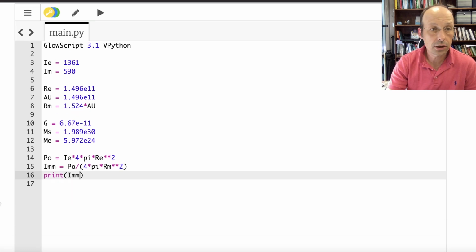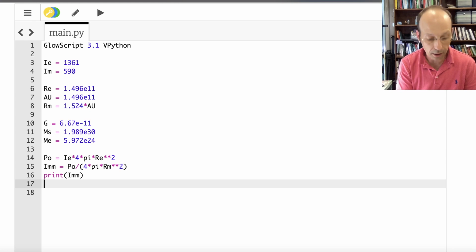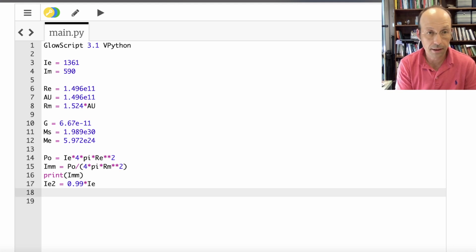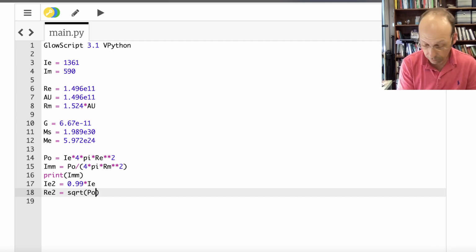Okay, so let's just do this. IE2 equals 0.99 times IE. And then RE2 equals the square root, I'm just going to type it in here, PO divided by 4 times pi times IE.